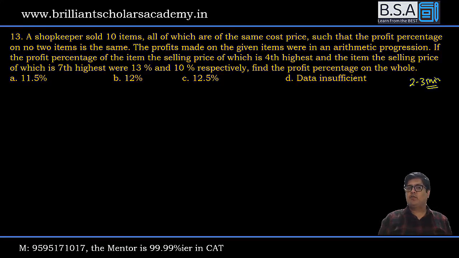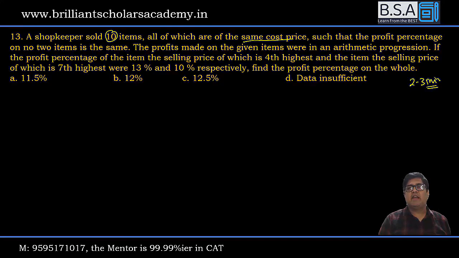A shopkeeper sold 10 items, all of which are of the same cost price. You must grab these parts of information. The cost price is the same. There are 10 items, such that the profit percentage on no 2 items is the same.